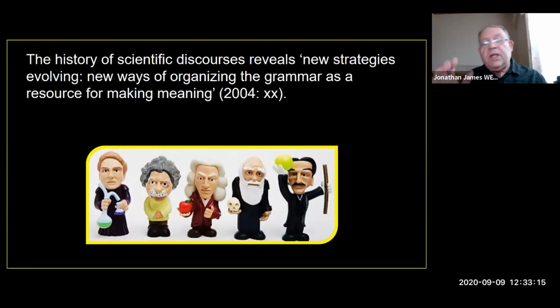But you see, there's another history here, and that history is of the culture, of the language with a capital L. And the history of scientific discourses reveals new strategies evolving, new ways of organizing the grammar as a resource for making meaning.